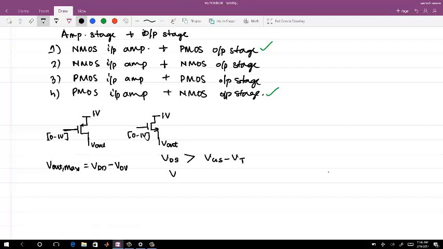Here we are trying to find the condition on VD, and your VD is VDD minus V overdrive. This is what we are trying to have. VS is cancelling in both the cases, so I'm not taking that. This is the only thing which I am saying.